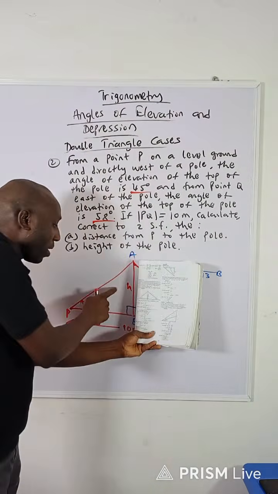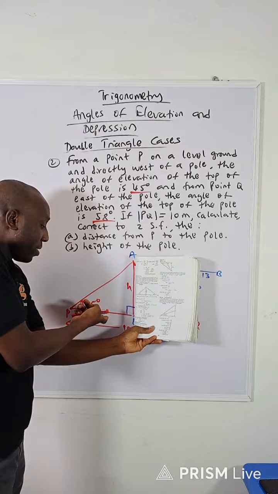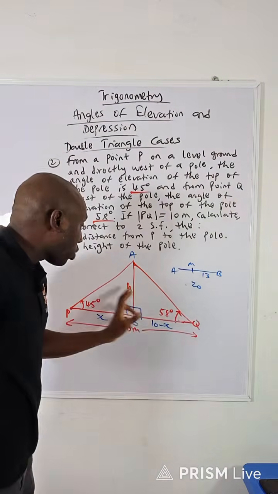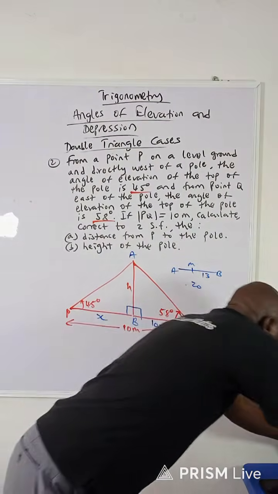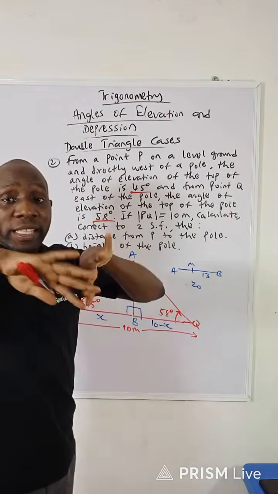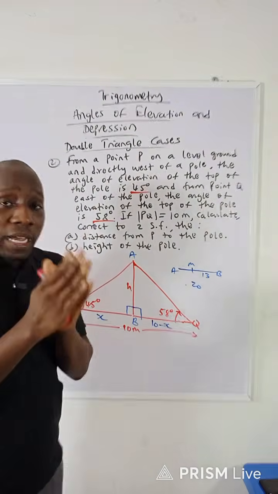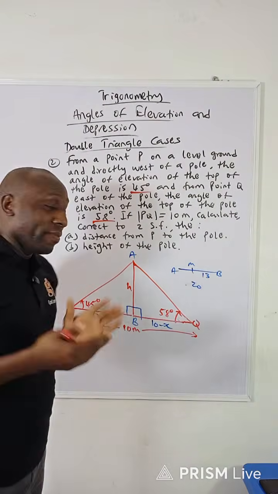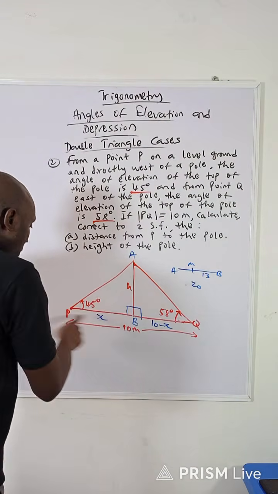I come to this triangle and then I find H using these same details, all right? Then, because I told you that H is common to both triangles, we can equate the results we get when we solve them independently. So I will just equate it, and that will give me an equation, and that will help me get what? The value of X. So let's start from this first triangle, triangle APB.